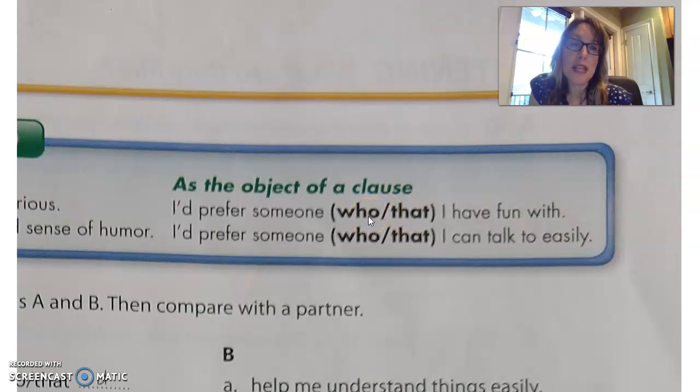So I'm telling you this because when your relative pronoun is the object, you actually don't even need to include it at all. You can omit it. That's why it's in parentheses, to show you don't even need it. You could say, I'd prefer someone I have fun with, or I'd prefer someone I can talk to easily. So only when the relative pronoun is the object can you omit it.